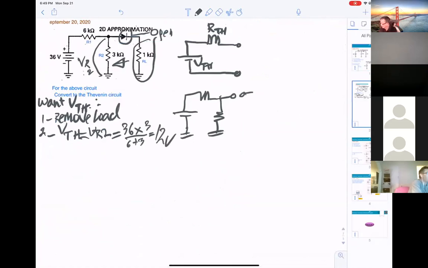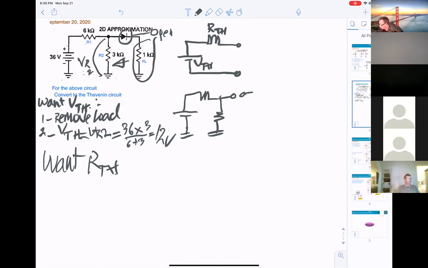Okay? And now you want R Thevenin. How do we calculate R Thevenin? You remove the source. That means voltage source shorted, current source open.